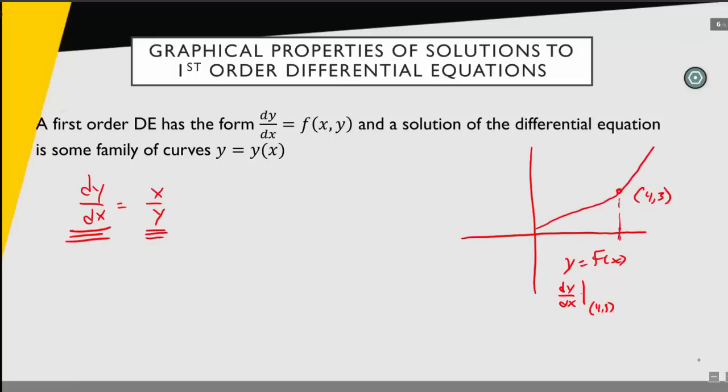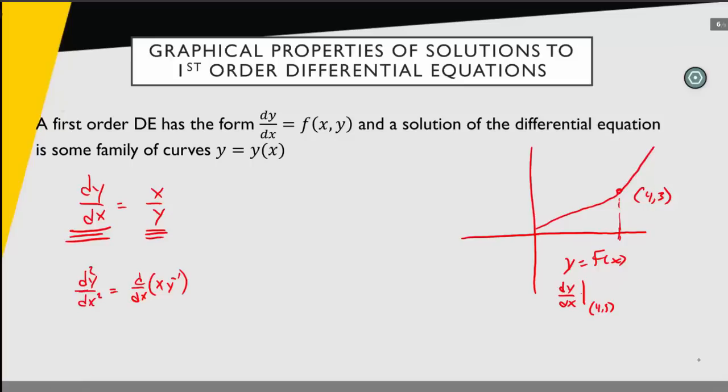Now, there are other things I can also learn just by looking at my differential equation. This tells me about the slope at different points along my curve, but I could also calculate the second derivative of y with respect to x, and that would tell me about the concavity of my solution curve. Since I have the first derivative, I could simply take the derivative of x times y to the -1, to get an expression for the second derivative.